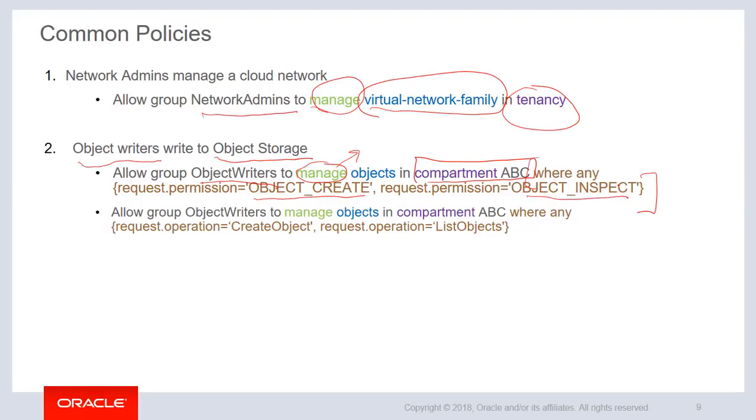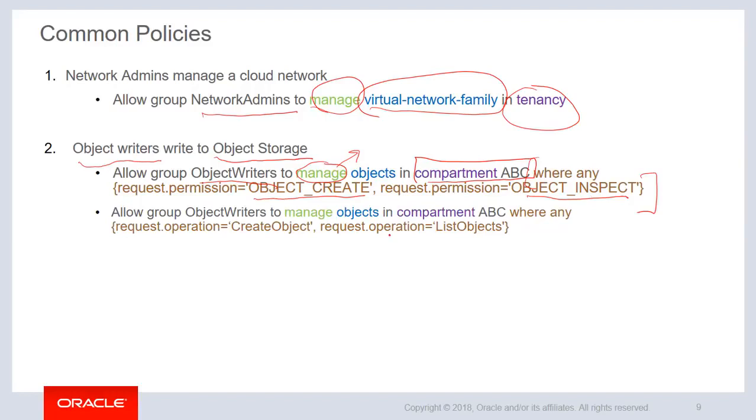For example, they cannot delete objects, because manage gives you the ability to create, delete, inspect, read, everything. In this policy, you are saying that they can manage, but I write a where condition saying they can only create and they can only inspect. So you could write policies like that.